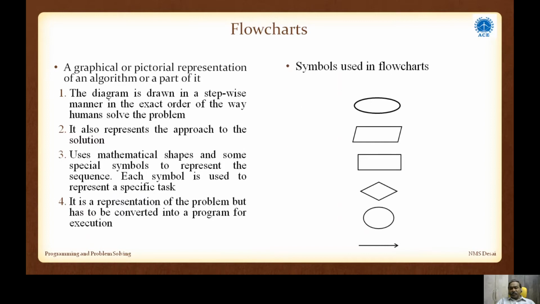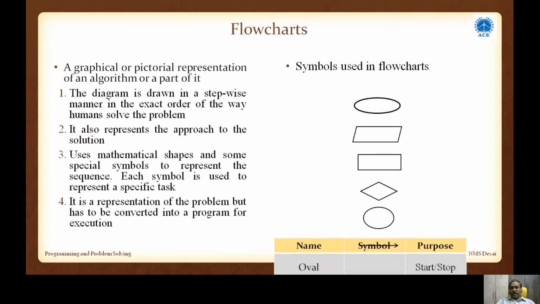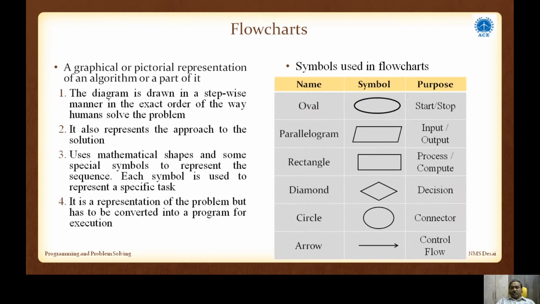Now, what are the symbols used in flowcharts? As you can see here, this is the oval symbol, for start and stop. Parallelogram is for input and output. A rectangle is used for showing that some computation or processing takes place.